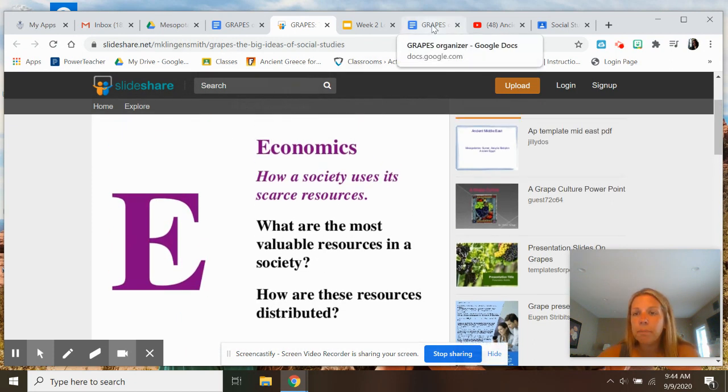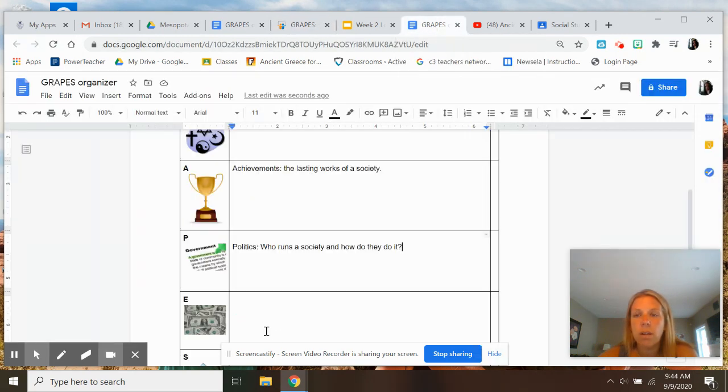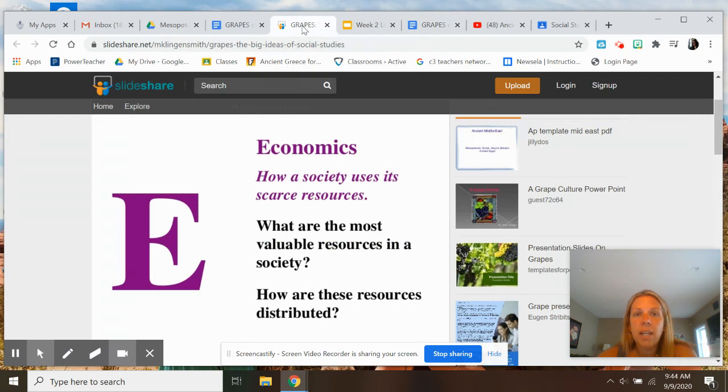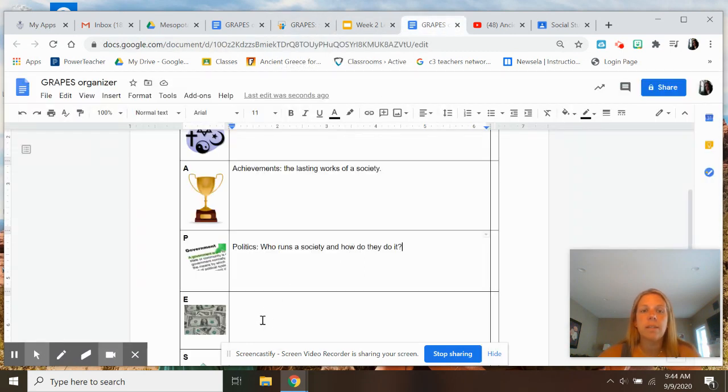Economics. In my classroom, I do have an economics poster on my wall. Economics has to do with money, how a society uses its resources. So, imports, exports, goods, services, how the society uses its resources. I'm going to do this money.